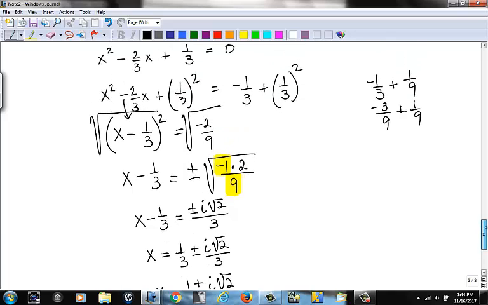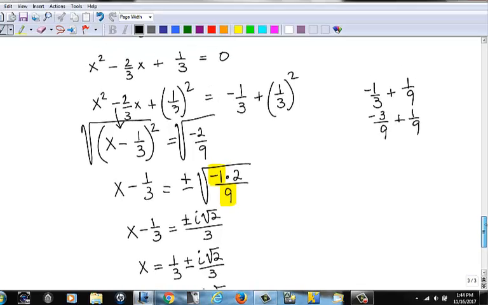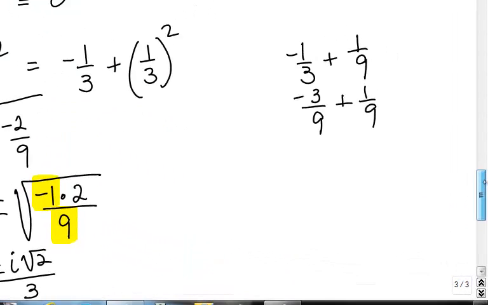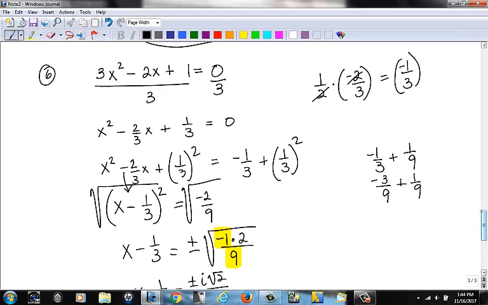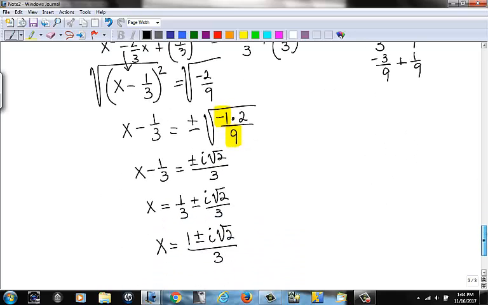Let's go back up here for a minute. When you take half the coefficient of the linear term and then add the square of that to both sides, when you square it, it's going to be positive. So for the final answer, you can write it like this, or you can write it all over one denominator.